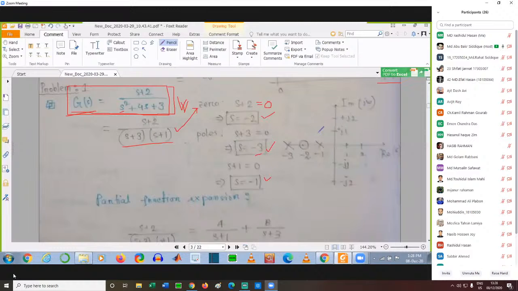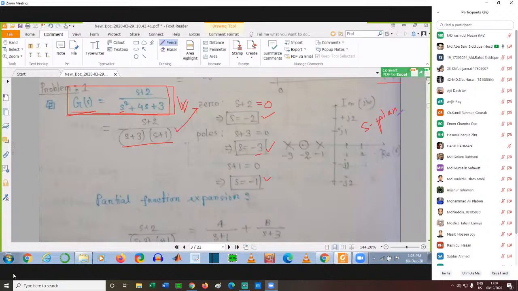And if you plot that in your S plane, you know that, I think, from our last discussion we already told that. Why is it called S plane? Because in this plane, we only plot the value of S. S indicates that it is in the frequency domain.